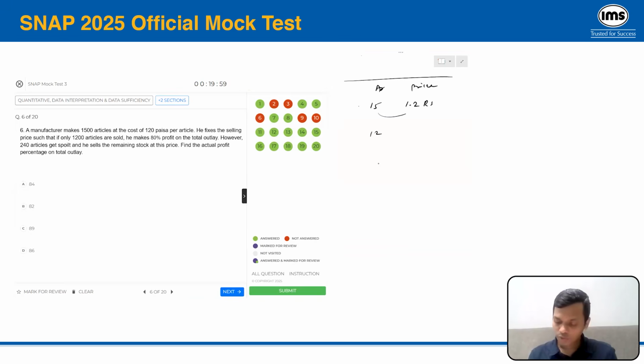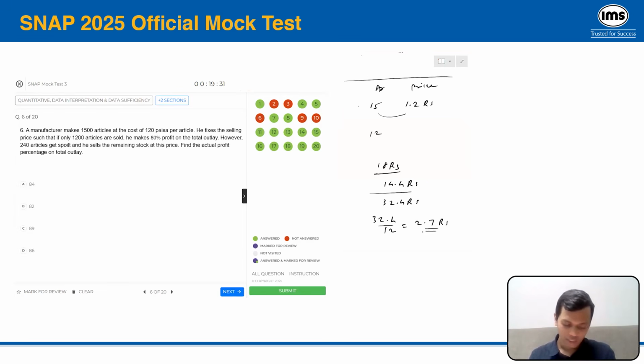So his cost is going to be what? 18 rupees. Now he's saying he's going to make 80% profit on this. So 14.4 rupees as the profit, which means the price should be 32.4 rupees for 12 articles. So 32.4 by 12, meaning 2.7 rupees is the price.